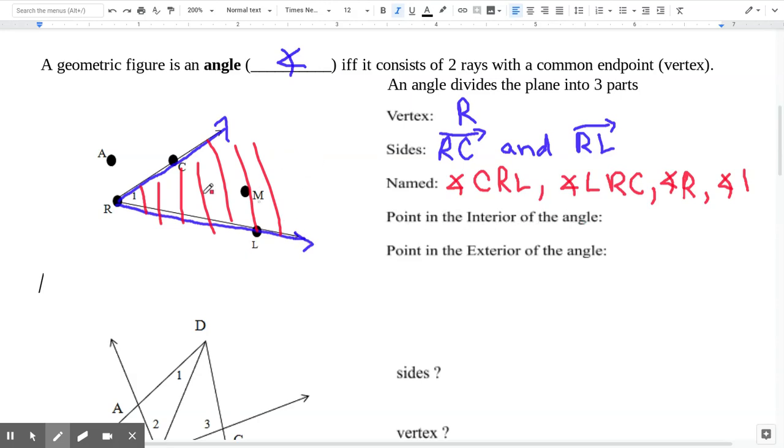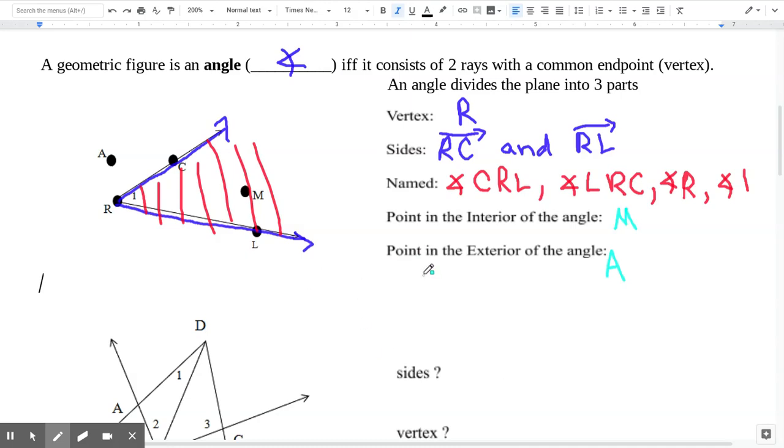So for this particular diagram, the point M is located in the interior. So there is a point in our interior, and the exterior would be the opposite. It would be on the outside. So any points not within the interior and not on the sides of your angle. So that would be a case of point A. Point A would be in the exterior of your angle.